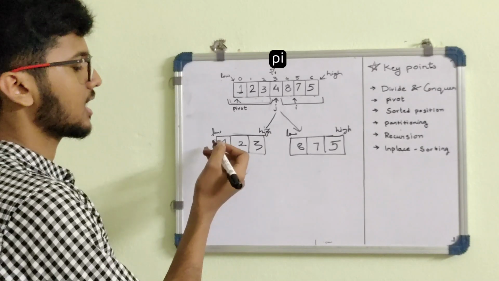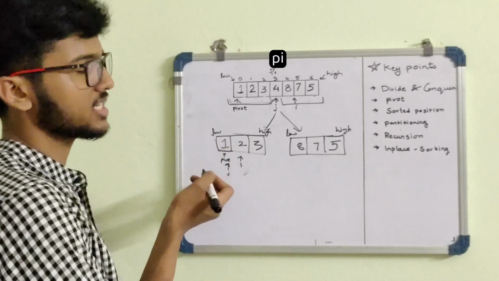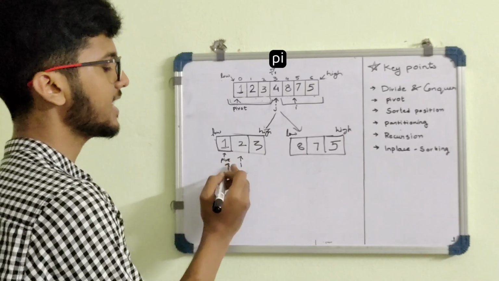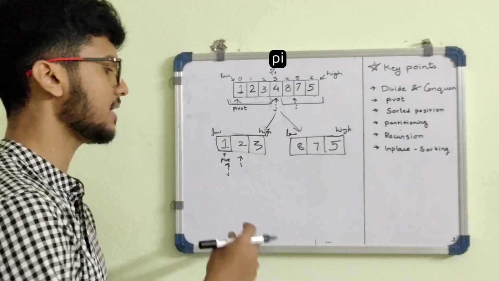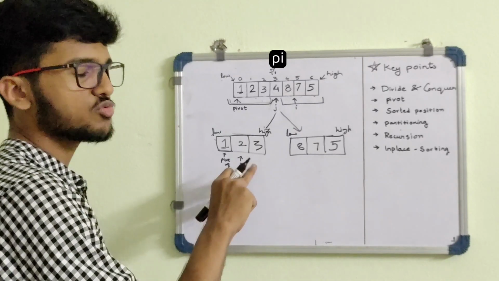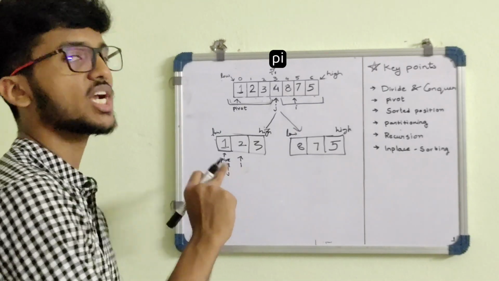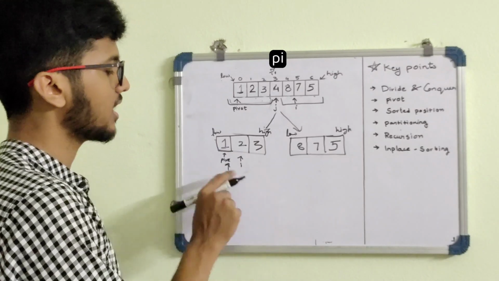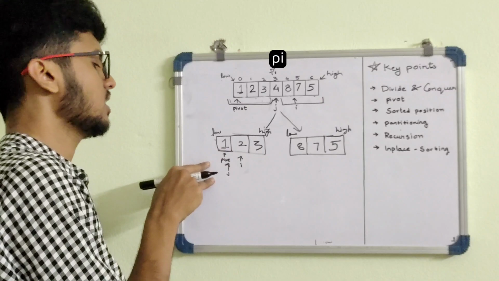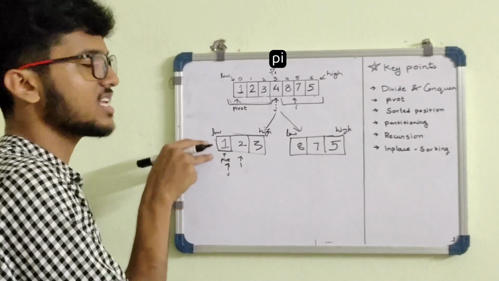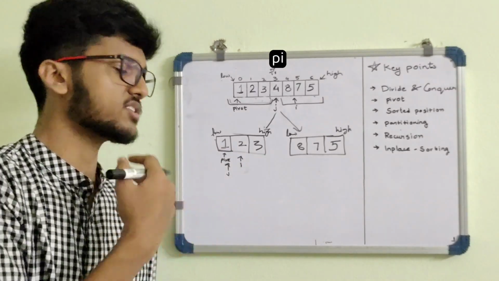So the pivot element is already at the jth position and i has crossed j. Now i is not smaller than j, i is greater than j. So we come out of the loop and swap the pivot element with the j index. Here both pivot and j are at the same position, so when we swap it will be the same.